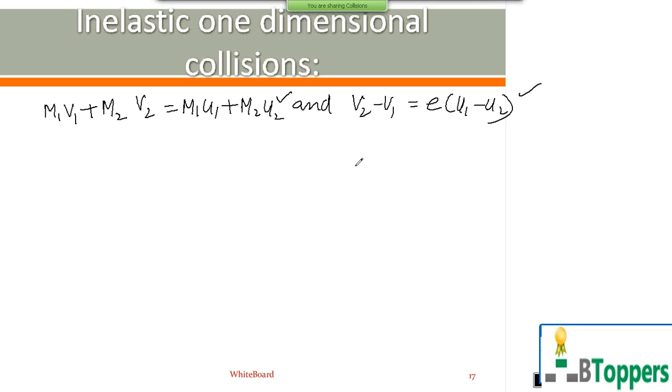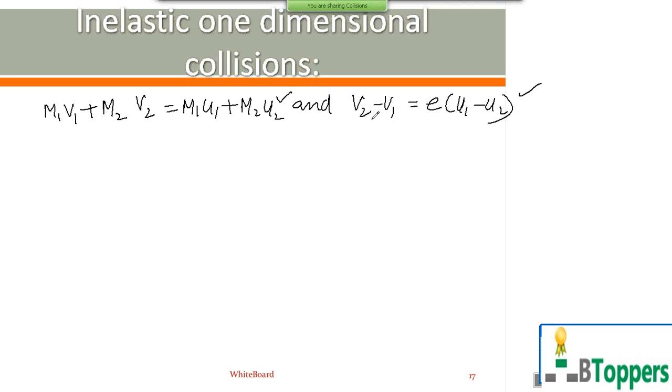If the collision is perfectly elastic, you can take e as 1. If the collision is completely inelastic, you can take e as 0. For other inelastic collisions, e lies between 0 and 1.